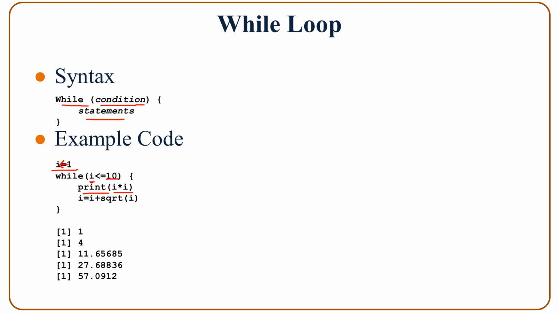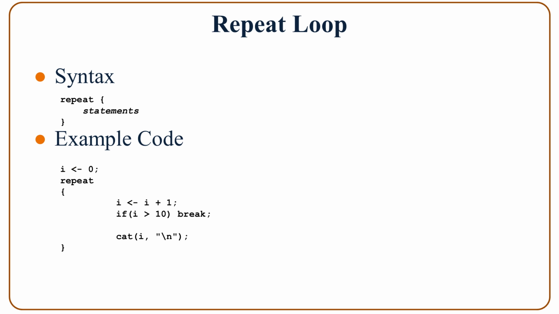The last structure is the repeat loop. So we repeat again and again. And this is the syntax. Repeat the statements. So this is the example code. You initialize i with 0, and then you repeat doing something. Increment i at every iteration, and then check if i is greater than 10, then break.